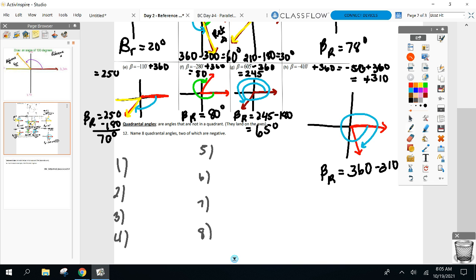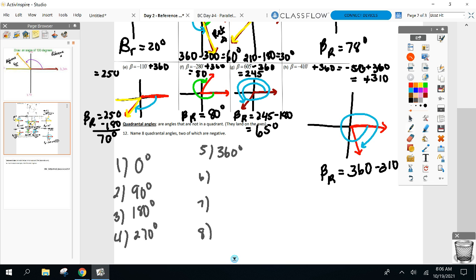Two of them have to be negative. More can be negative, but at least 2 have to be negative. A quadrantal angle is one that lands on the axes. It is not in a quadrant. All right, let's go. Rip them off. What do we got? 0 degrees. That's clever. 90. 180. 270. 360. You need 8.